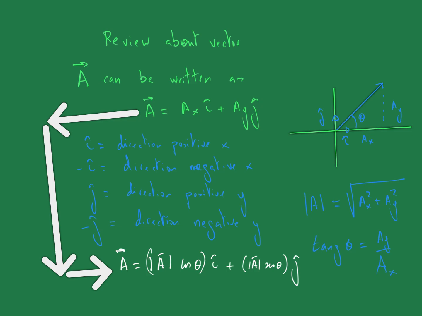Well, first of all, let's review vectors. When we say that we have a magnitude A that is a vector, it has a magnitude and a direction. And a vector can be written with something in the x direction. Instead of putting the x, in all the textbooks they usually write I with a cap.